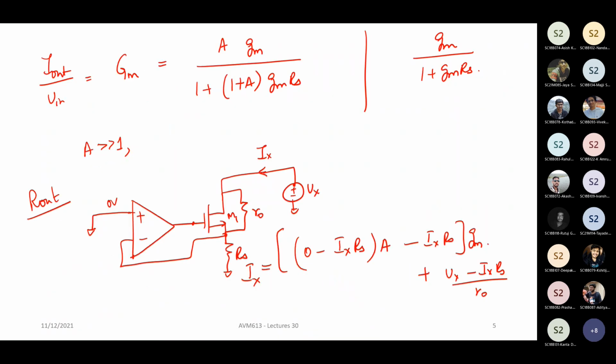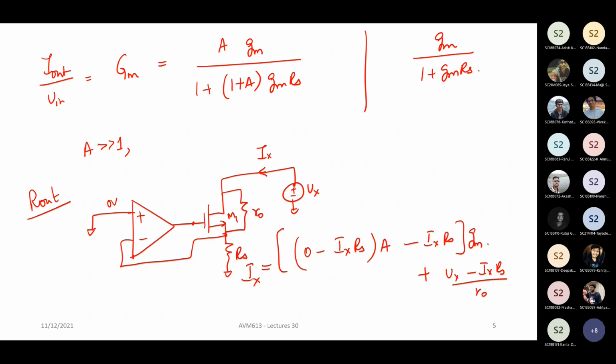That is why even in the effective transconductance, it becomes A Gm divided by 1 plus A times Gm. There is a small factor here: A plus 1 is not there in the numerator, but that approximation is fairly valid when A takes a larger value.